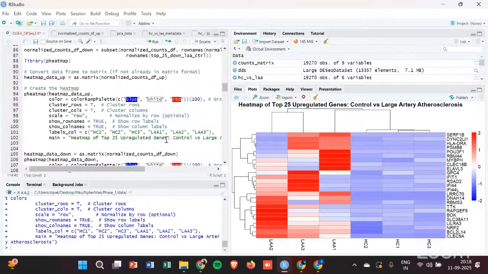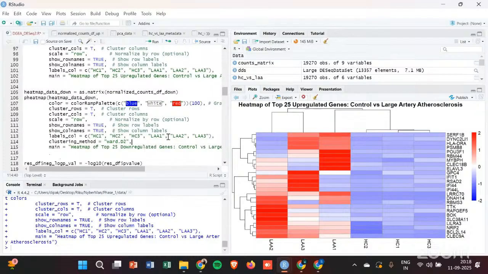In hierarchical clustering using complete linkage, we calculate the distance between two clusters as the max distance between any pair of data points. For example, HC1, HC2 and HC3 should ideally form a cluster, and LA1, LA2, LA3 should ideally form a cluster.